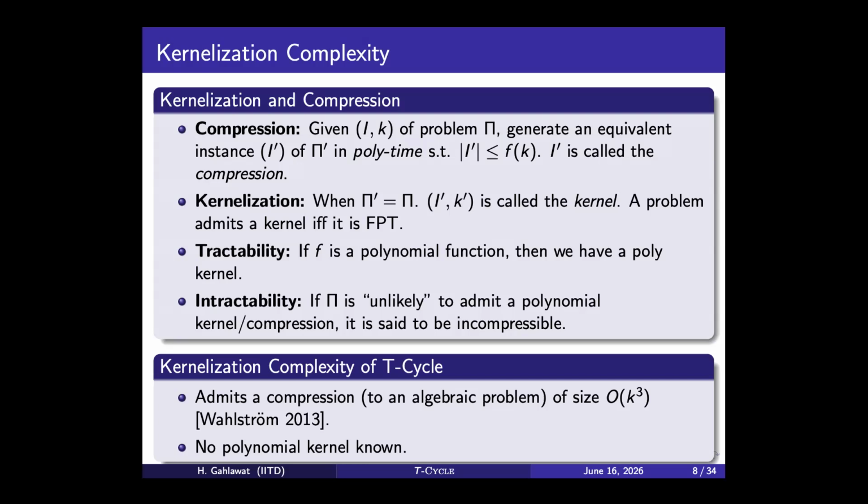And people are going back and forth on this problem. Most of the techniques that we know as of now to rule out polynomial kernelization also rule out polynomial compression. And people almost believe that these two notions are almost the same. And this is the only problem that is a potential candidate for establishing this dichotomy, that these two notions may or may not be the same.